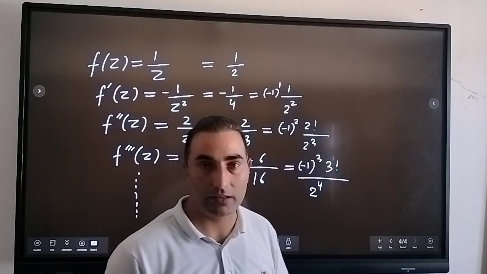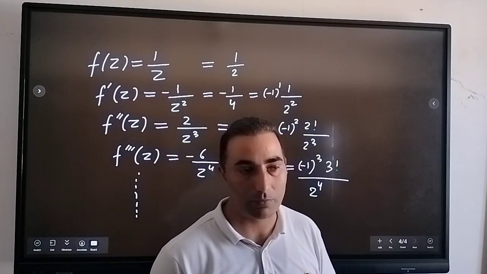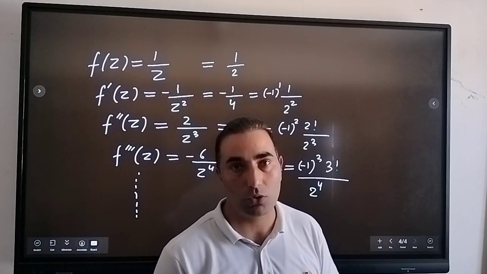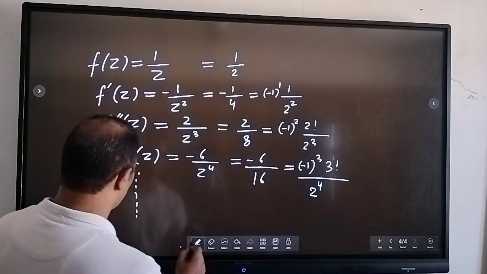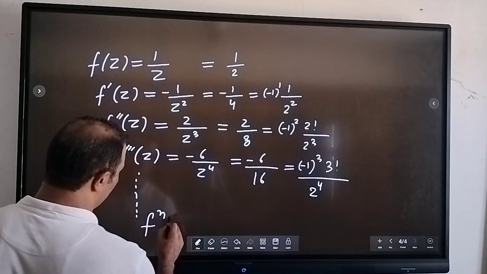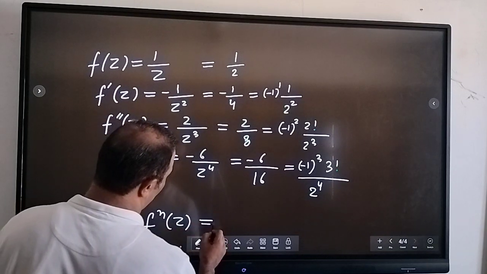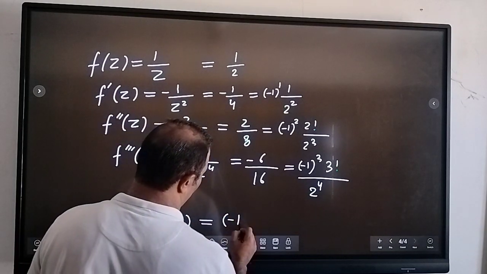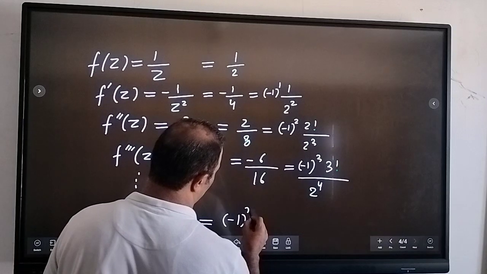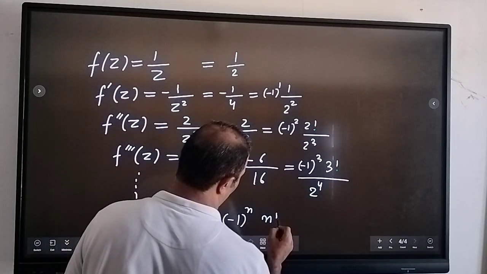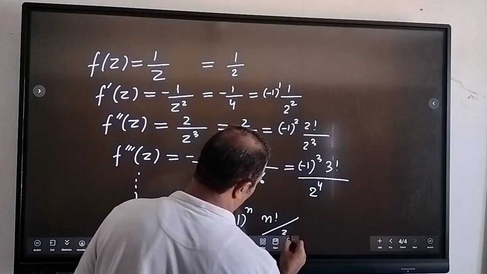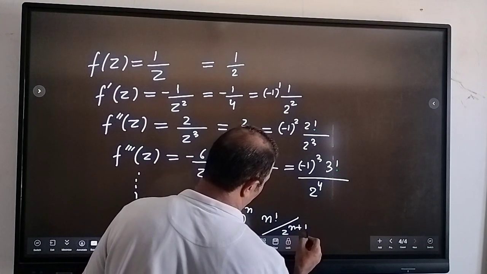So it basically follows a kind of pattern here, which means I can generalize it for the nth value. If you calculate now f n of z, that will be equal to minus 1 raised to power n, n factorial, 2 raised to power n plus 1. Why?